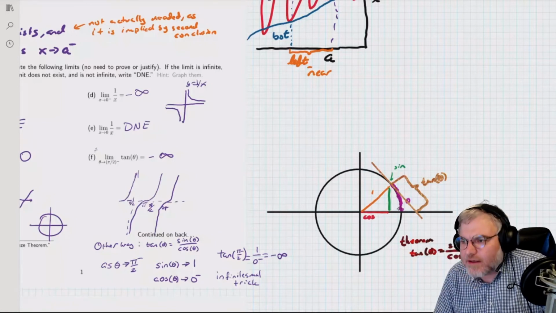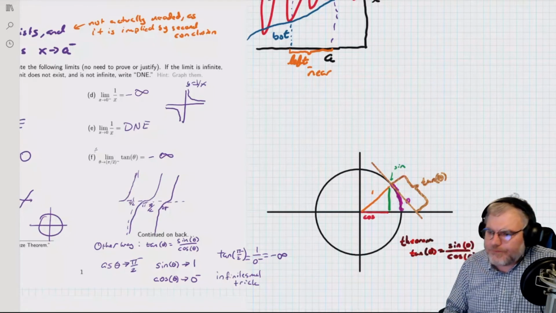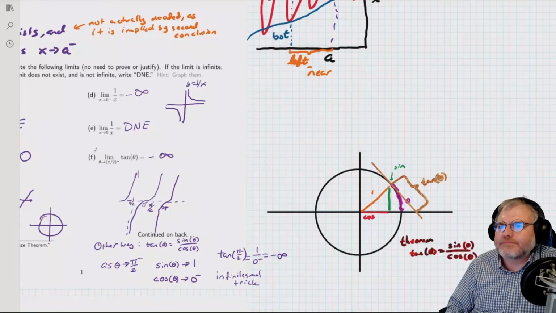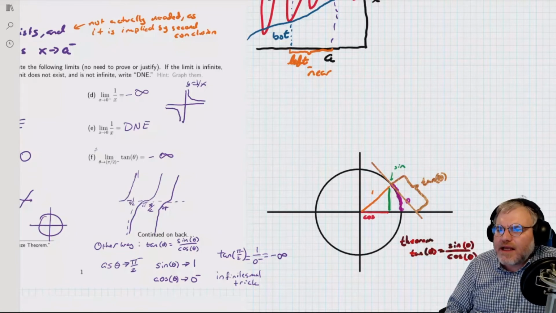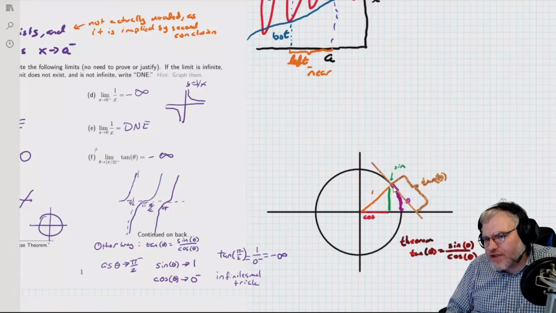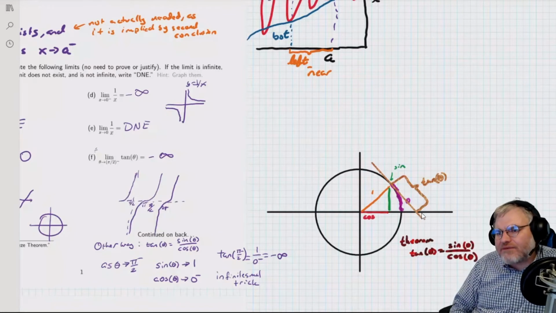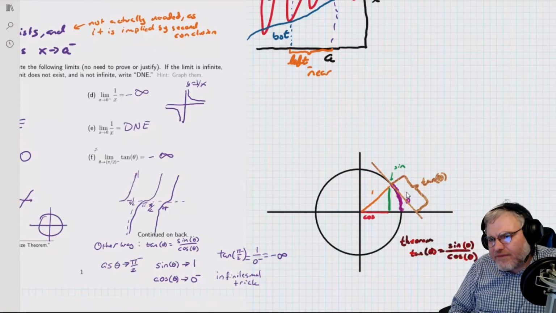This right here is the length of theta in radians. I don't know if you remember this, or if they teach it in pre-calc anymore, but this right here is actually the tangent. So this is the line tangent to the circle at theta.